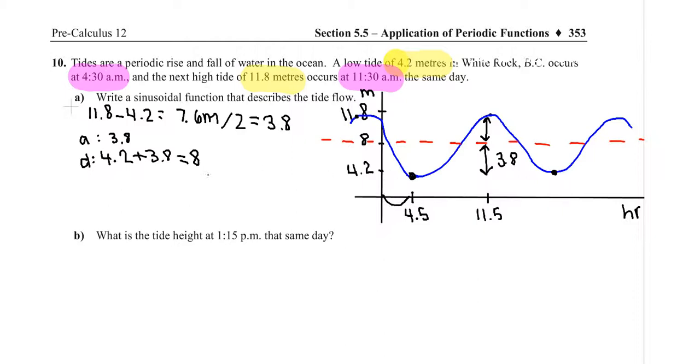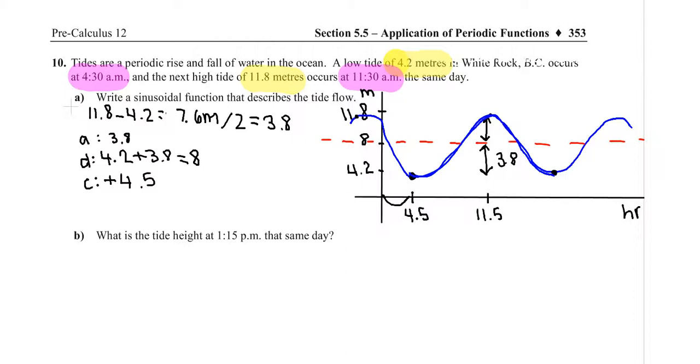So now we know that the phase shift, which is C, is plus 4.5. You could do this a few different ways, but the way I see it is that it goes from here, up, up, up, and down, and that would be a negative cos.